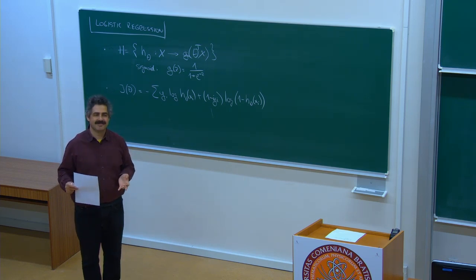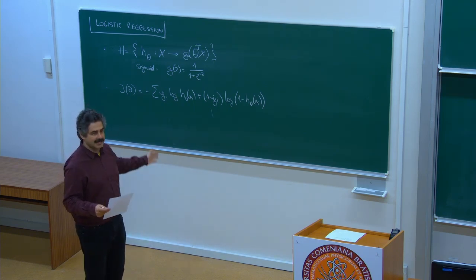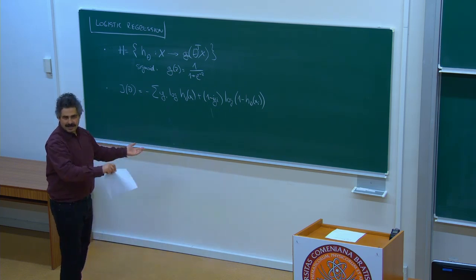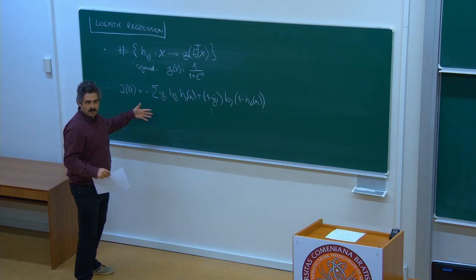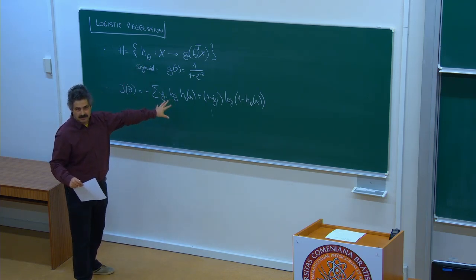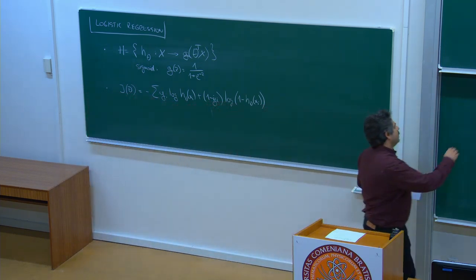We need to minimize the loss. Yes, we want to minimize this error function. So we get the training examples, and we want to find the parameters theta that minimize the error function on the training set. The same thing always, okay?